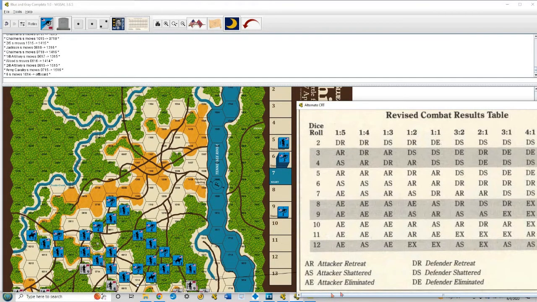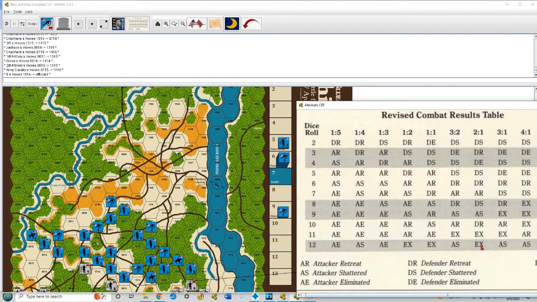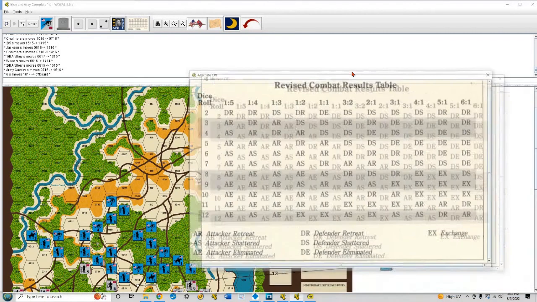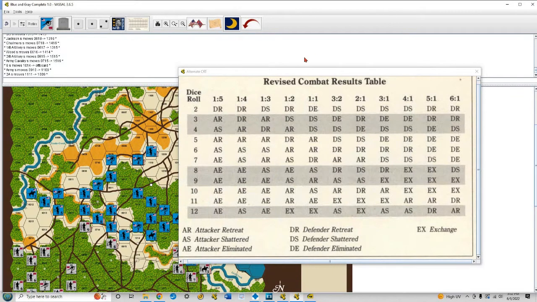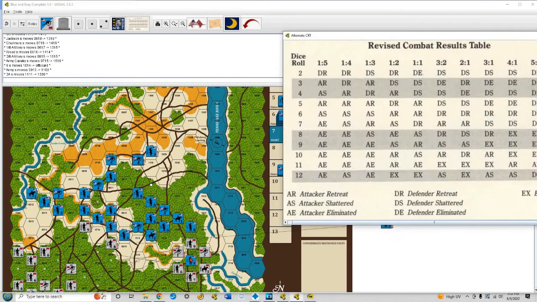And then we have the dreaded, let me find it here, exchanges. So if you remember Napoleon at Waterloo, those exchanges can be rough. You have to use a unit that equals the unit that you're attacking. So let's go with this guy here and just see an exchange. He has a strength of 5.